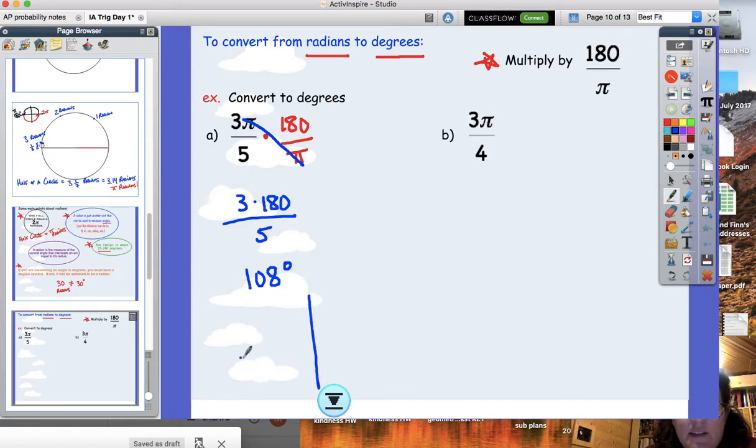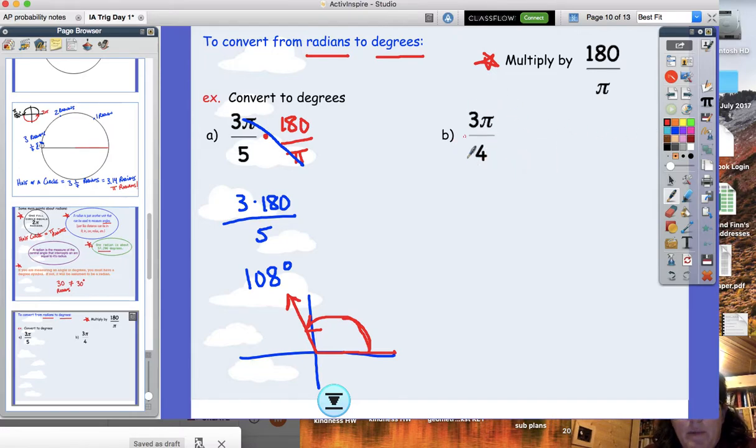If we were going to graph 108 degrees, we would start at the positive x-axis. This is a positive angle, so I need to go counterclockwise. This is 90 degrees right here, so 108 would be a little bit past that. So that's about 108 degrees.